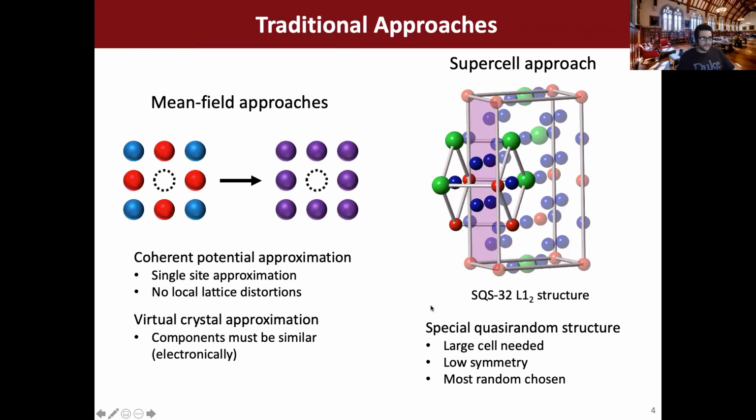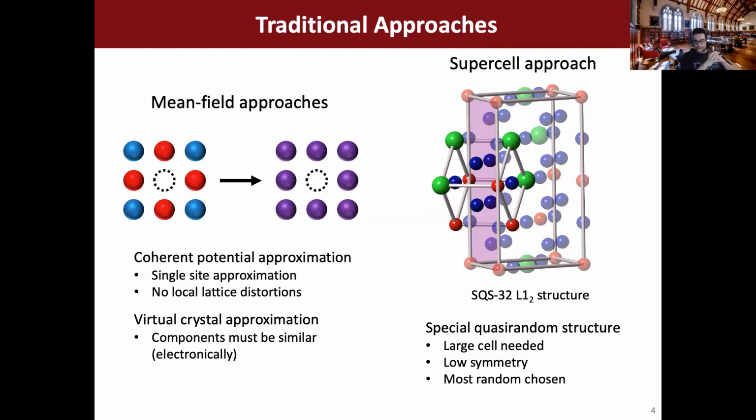Okay, so what's the issue with this single supercell approach? Well, we're going to need to have a very large cell in general to accommodate however many sites we have that are partially occupied, and the sites need to be commensurate. I'll highlight that in a few slides. But in general, the cells are going to need to be very large.